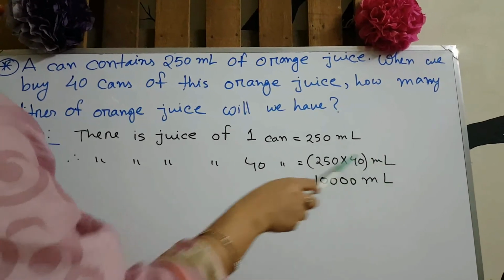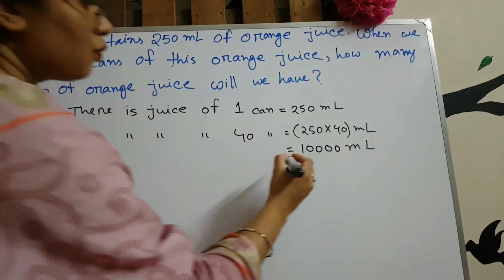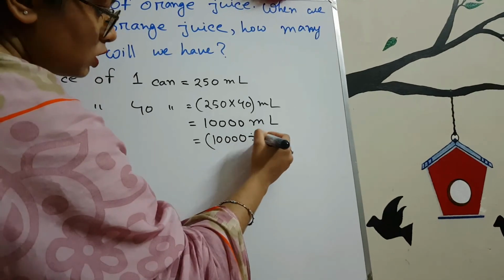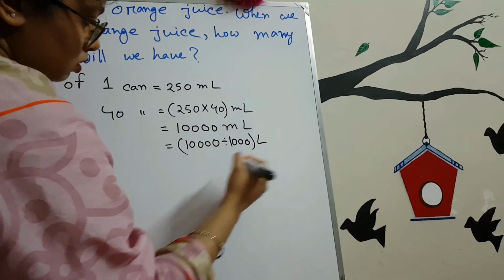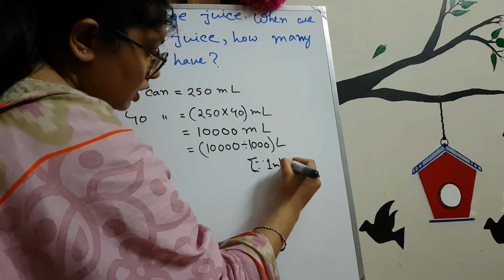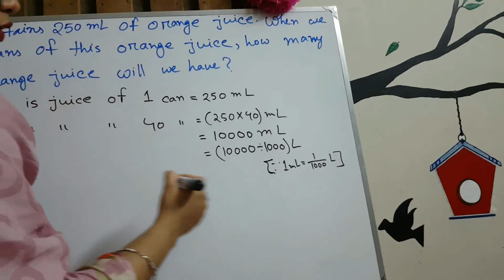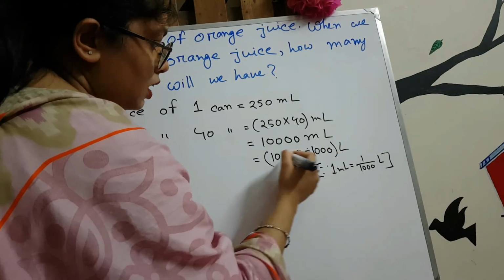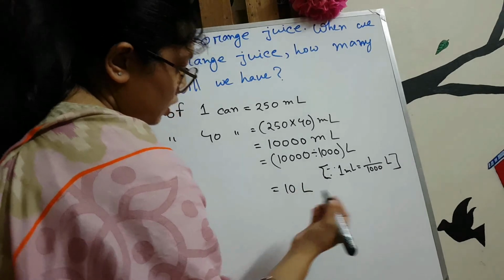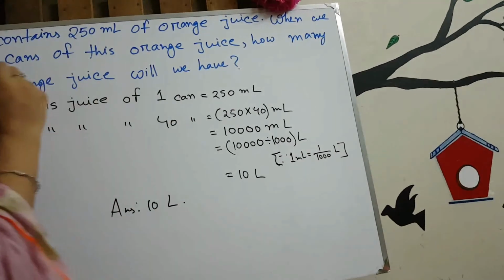So we will convert 10,000 milliliter into liter. We have to divide 10,000 by 1000, since we know that 1 milliliter is equal to 1 by 1000 liter. Here we can cut 3 zeros, and we get 10 liter. So our answer is 10 liter.